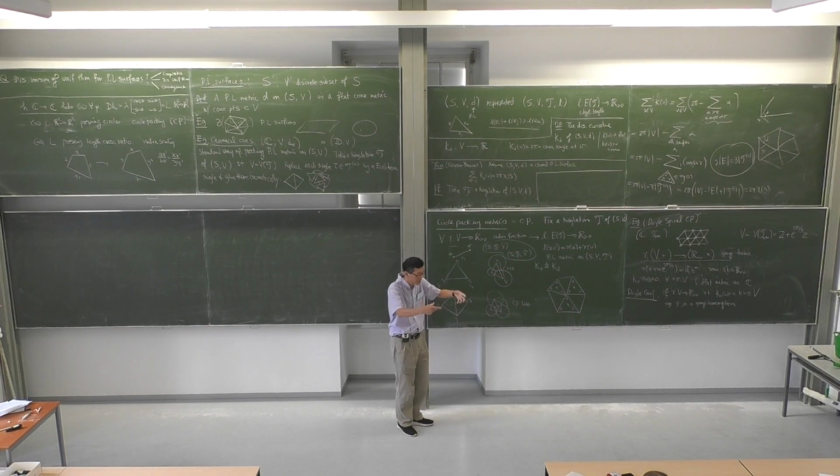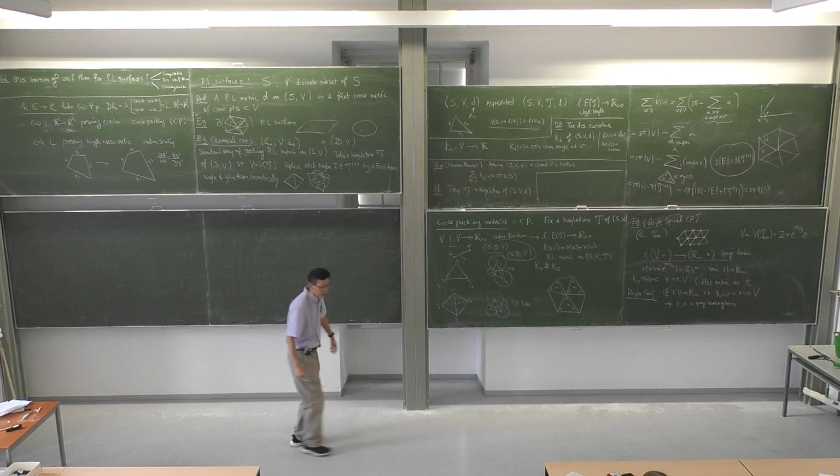Because the size of the radius is changing, but it's circle to circle. And so that's a discrete version of conformality.